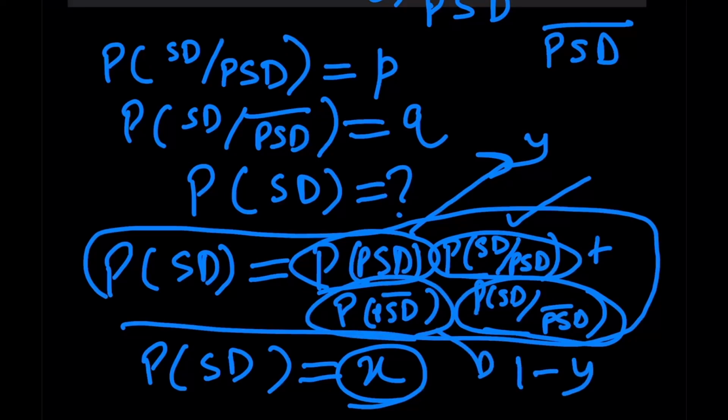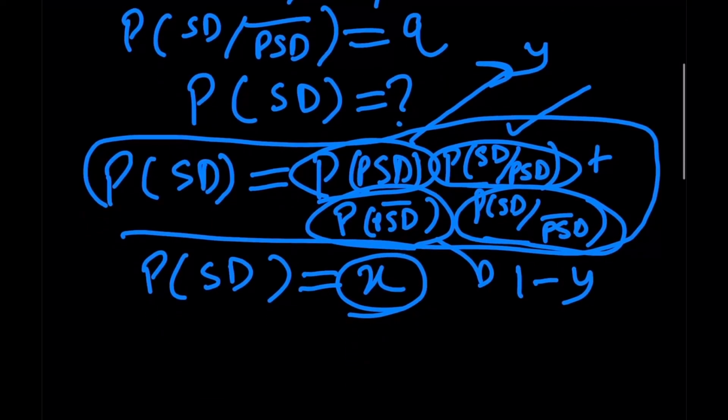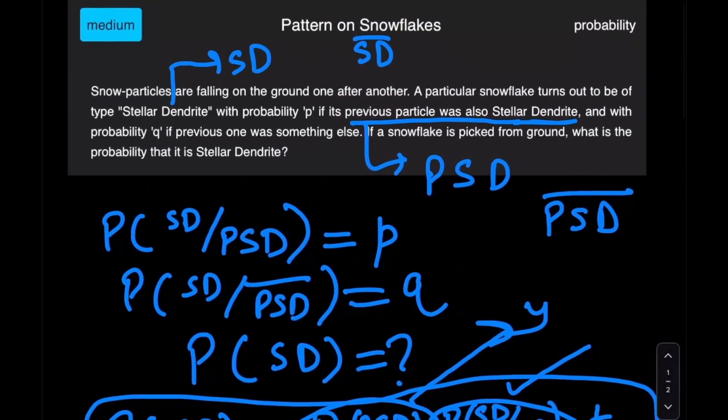To understand what y would be, I would think of this as a steady state. Now, what do I mean by a steady state? Well, since we've been asked the probability that if we pick up a snowflake from the ground, what is the probability of it being a stellar dendrite? And now, if I ask you, what is the probability of the previous snowflake, if it were picked up from the ground, being a stellar dendrite?